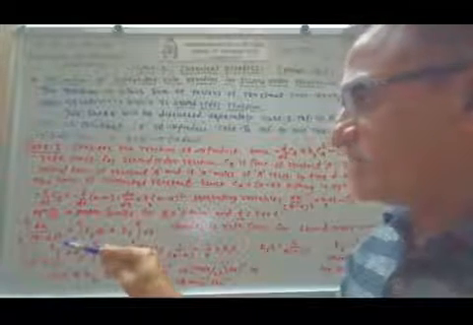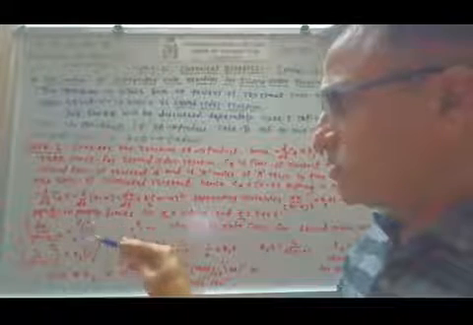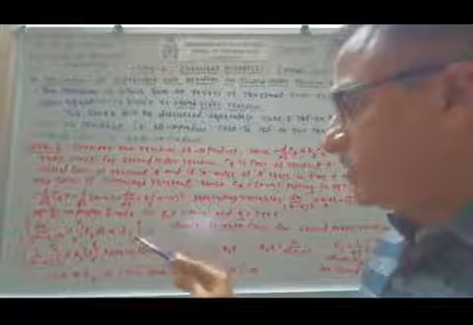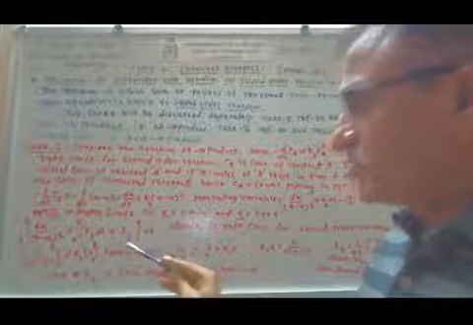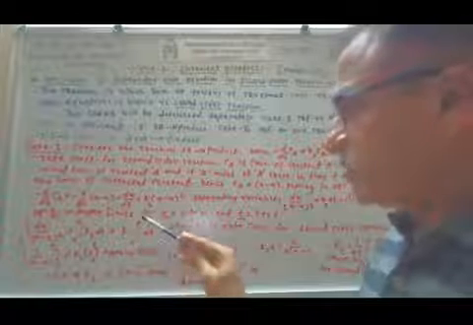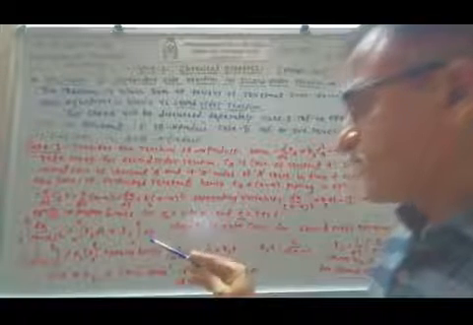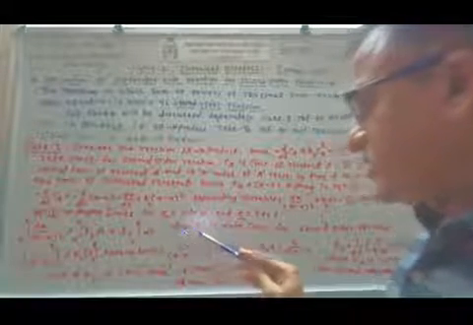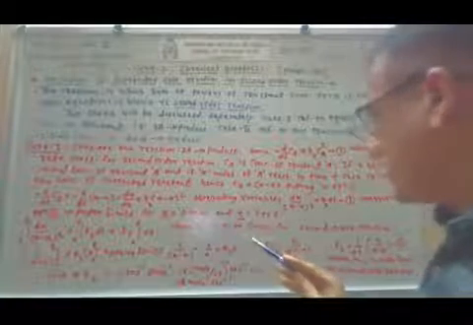So we write integral from 0 to x of dx upon (a minus x) square is equal to integral from 0 to t of K2 dt. K2 is a constant, so taking it outside the integral, we have K2 times integral from 0 to t of dt, where K2 is the rate constant for second order reaction and a minus x is the concentration remaining after time t.